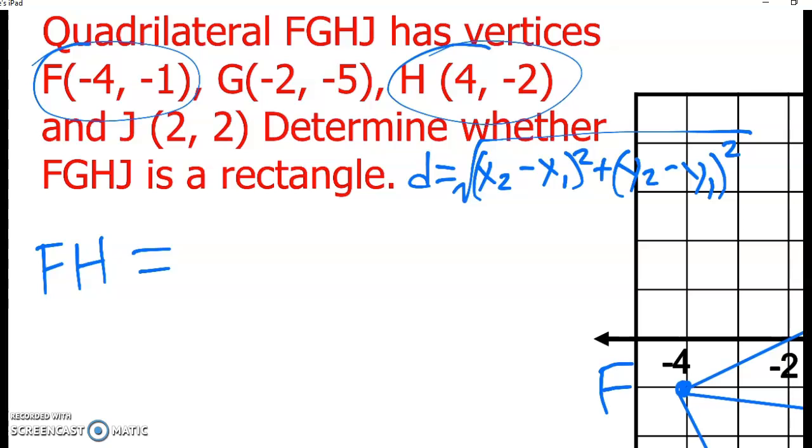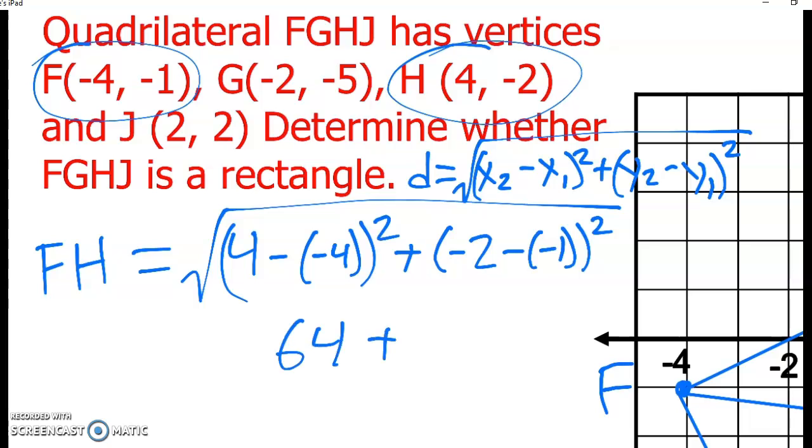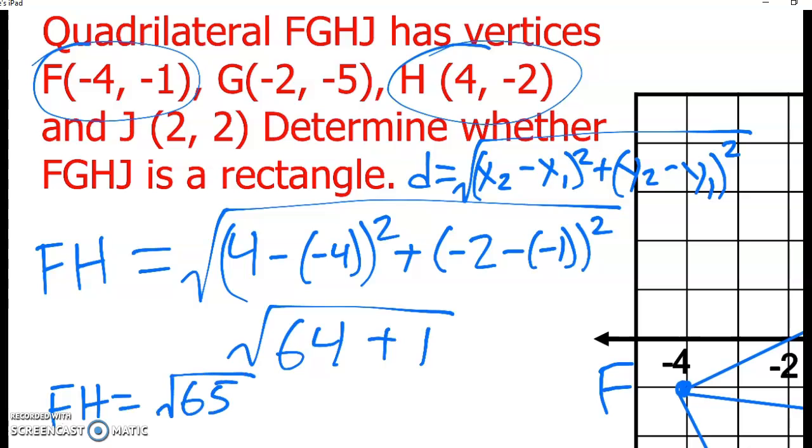So to find FH, we would go 4 minus negative 4 squared plus Y2 minus Y1. 4 minus negative 4 is 4 plus 4, which is 8. 8 squared will give us 64. 2 minus negative 1 is 2 plus 1, which is 3. Sorry, 2 minus negative 1 gives 3, and 3 squared is 9.